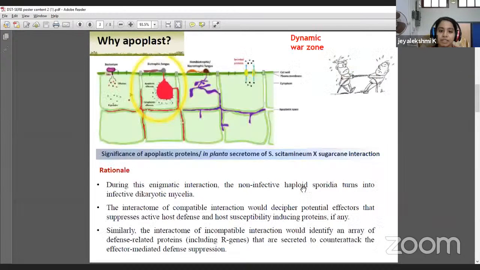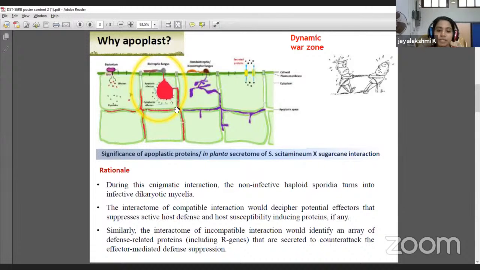Since Sporisorium scitamineum is a biotrophic fungus, it has a long-term relationship with the apoplastic region of the plant. It colonizes the apoplastic region and secretes its effectors into it. In turn, the plant secretes its resistance genes into the apoplastic region.